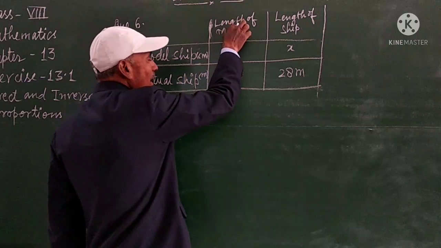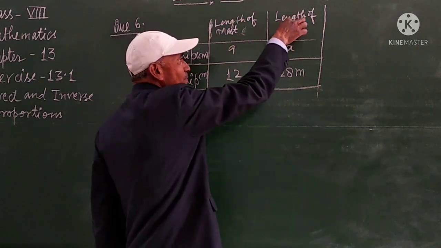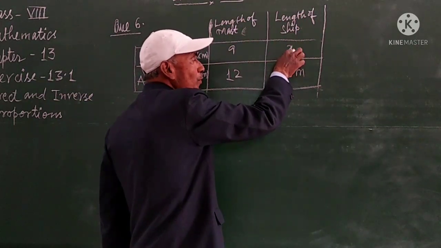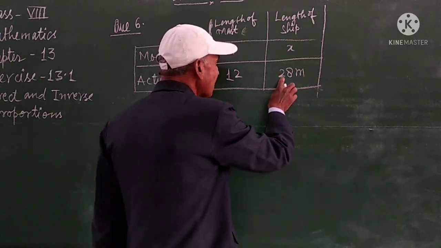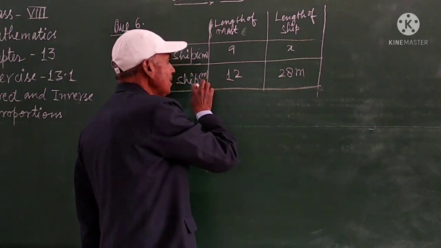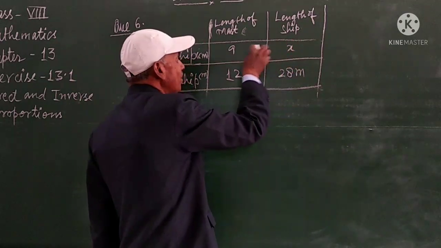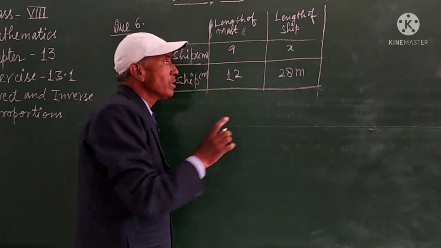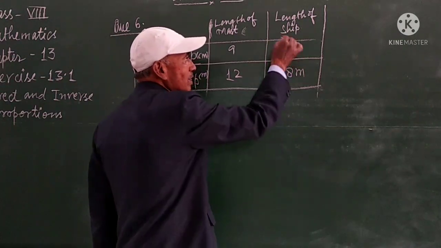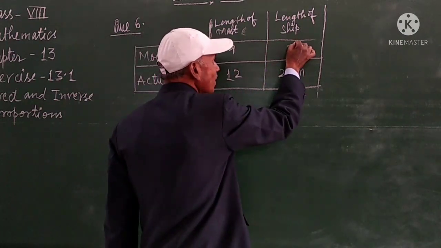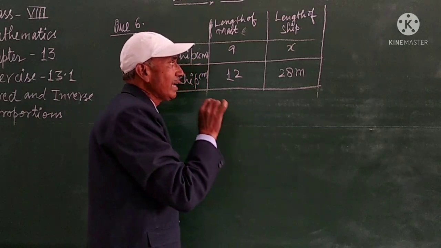So the length of the mast is given and the length of the ship we have to find out. If the actual length of the ship is 28 meter, then what will be the length of the model ship? Clear, students?